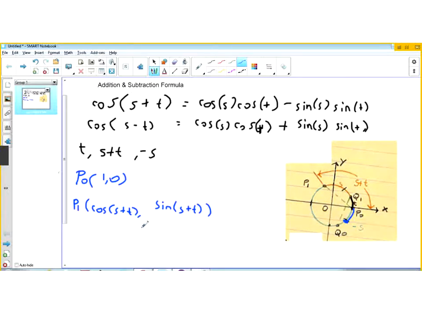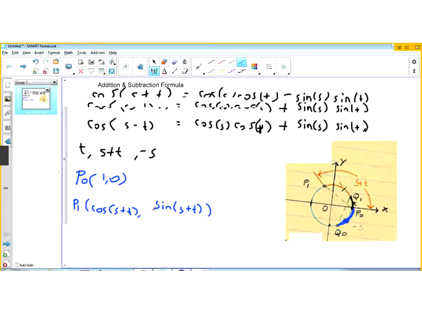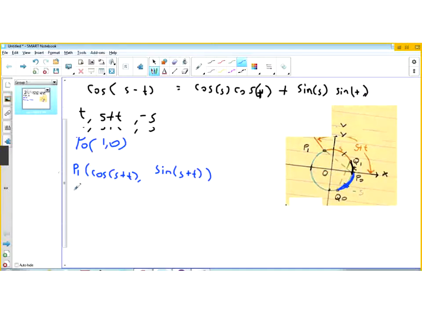Now let's consider the point Q0. Q0 is right there. That distance right there is negative s. So Q0's coordinates would be, well, the abscissa would be the cosine of minus s, and its ordinate would be the sine of minus s.